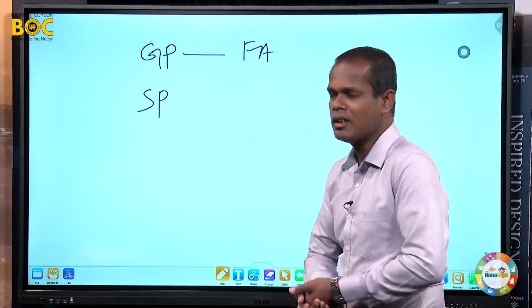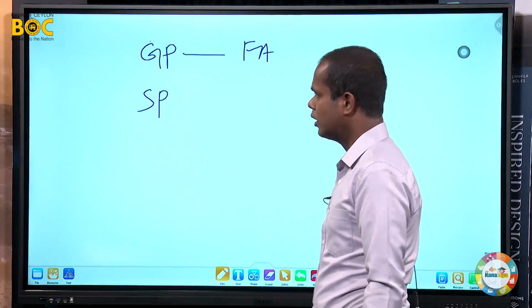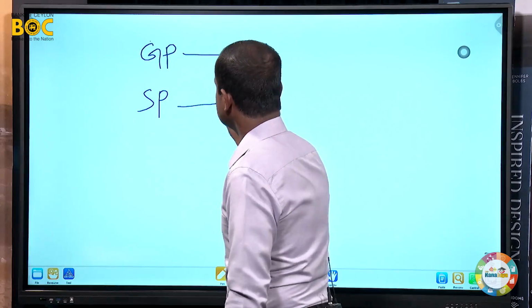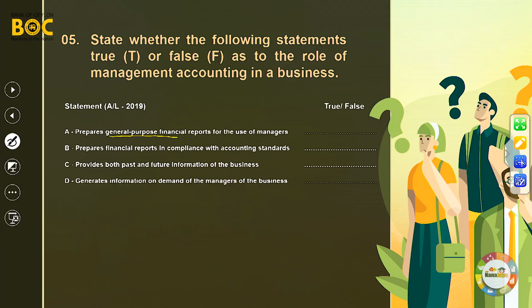The specific purpose financial statements are prepared by the management accounting for a specific reason.